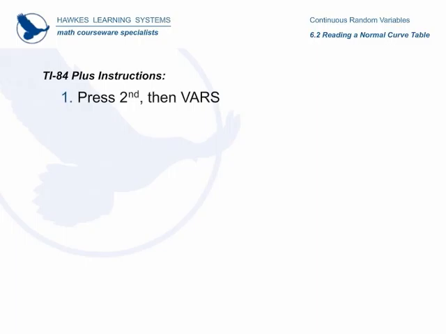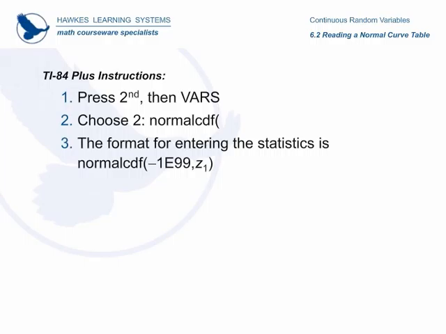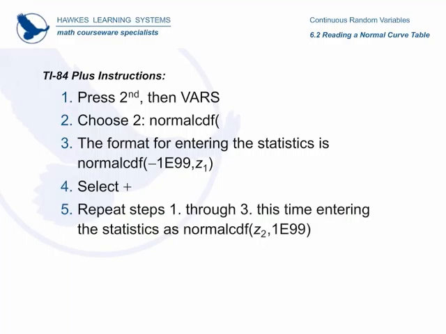Let's take a look at our technology, our TI-84 Plus instructions. Press the second key, then vars. Choose 2, our normalcdf. The format for entering the statistics is normalcdf(-1E99, Z sub 1). Select plus.